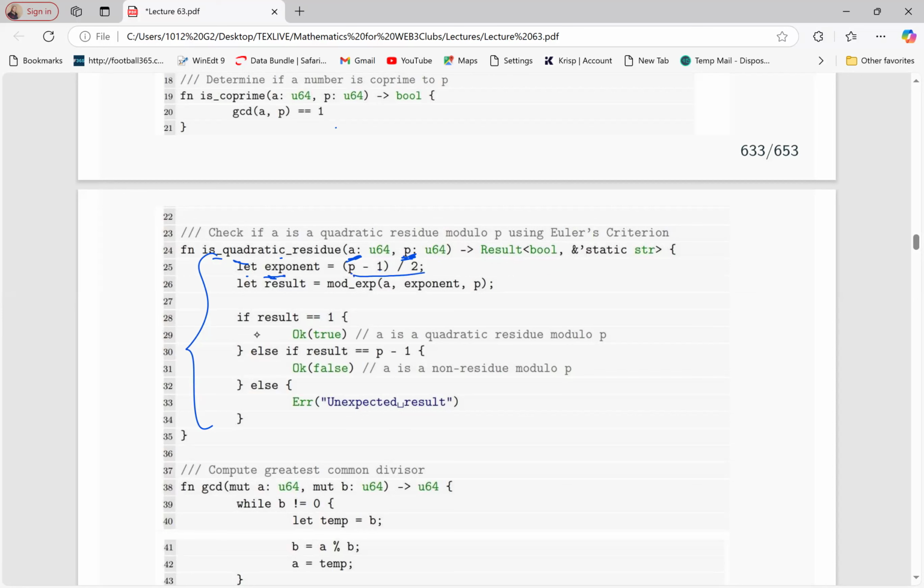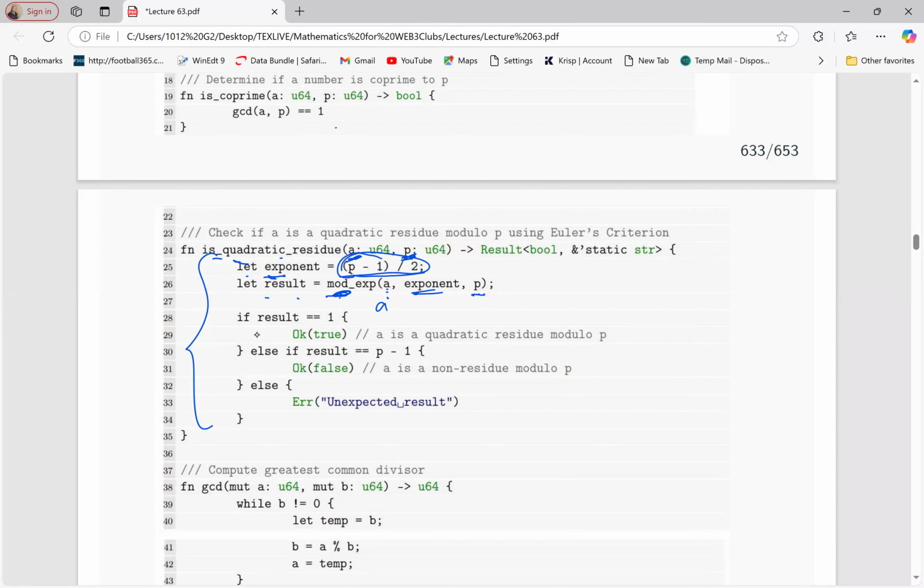That is the power. And what about the result? When you take A raised to this power, the result will be done mod P. So the result will be A raised to this exponent, and the exponent has been defined here.